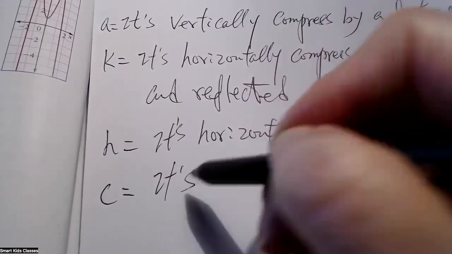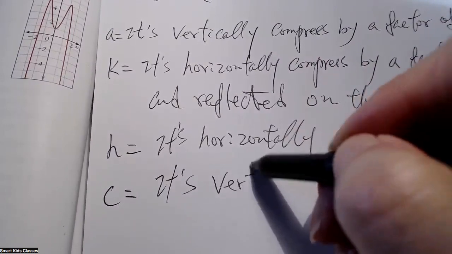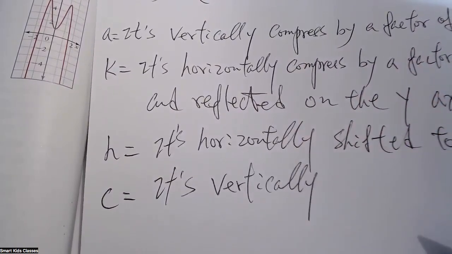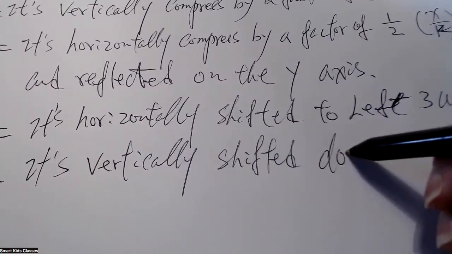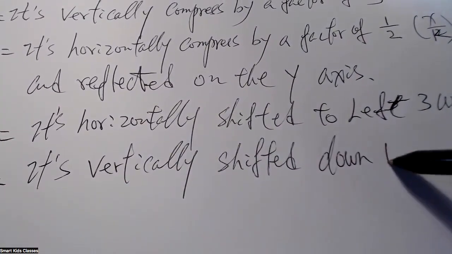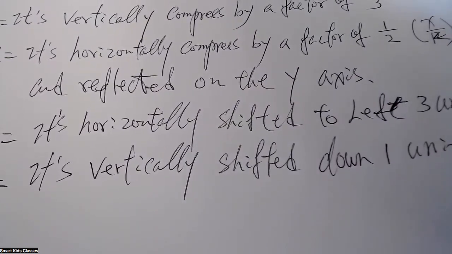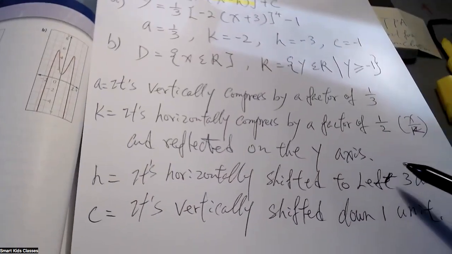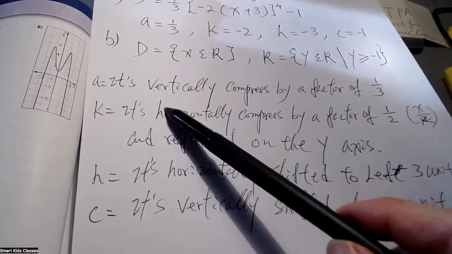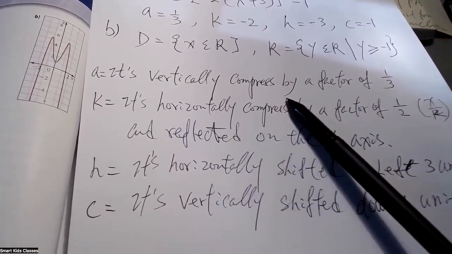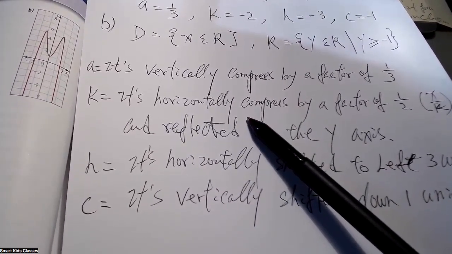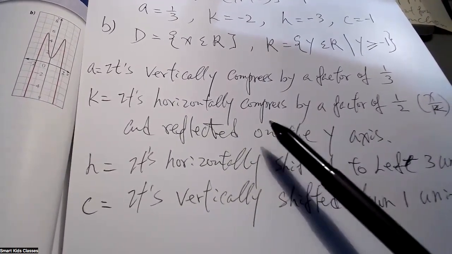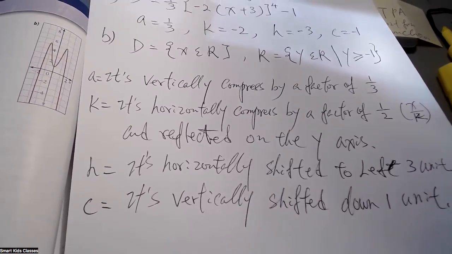So it's vertical. Shift down 1 unit. So now we finish B. We verbally described: A is compressed, K is compressed and reflected over the y-axis, and H moves to the left and C moves down.